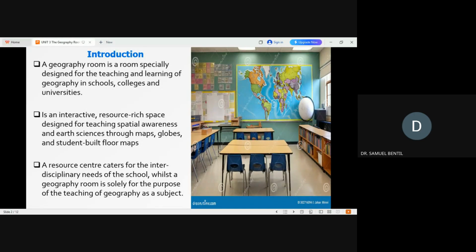Now, at times people try to misconstrue the geography room as a resource center, but they are two different things. In fact, a resource center deals with the interdisciplinary needs of the school. So in that resource center, you will see a lot of subjects or disciplines having their resources.